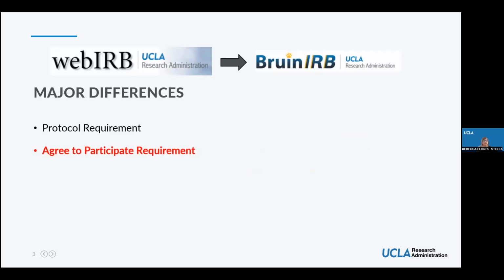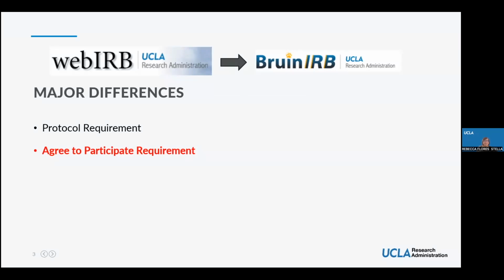So working in BruinIRB, we've tried our best this summer to introduce you to the changes. As you know, Moore previously did a session on our new protocol requirement. So BruinIRB is a protocol-driven application.